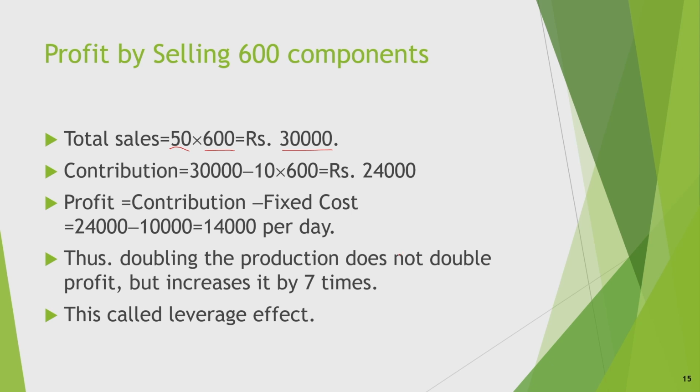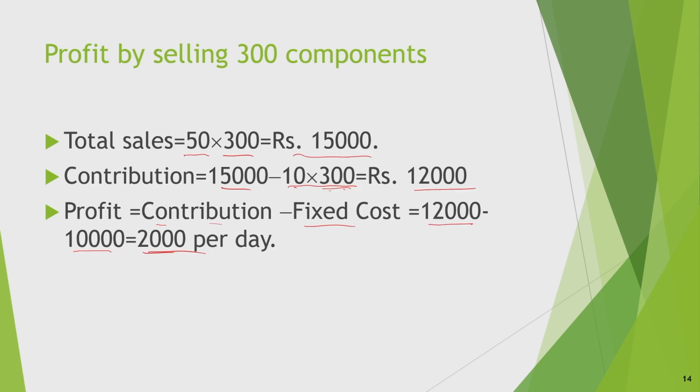Contribution will be 30,000 minus 10 into 600, because variable cost is 10 for each of the 600 units. So, total contribution is 24,000. Now profit is contribution minus fixed cost, so 24,000 minus 10,000 becomes 14,000 per day.